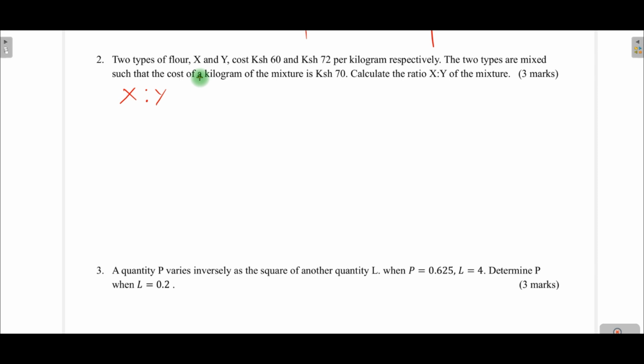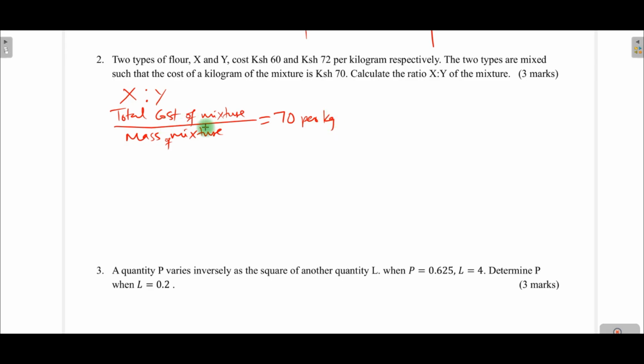And therefore, to get the total cost of the mixture divided by the mass of the mixture, we shall get 70 shillings per kilogram. That's what we are going to get.